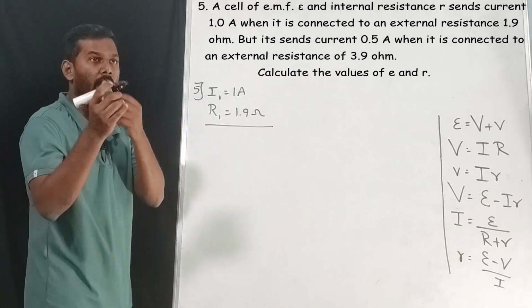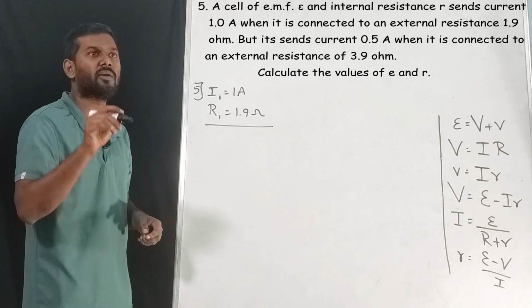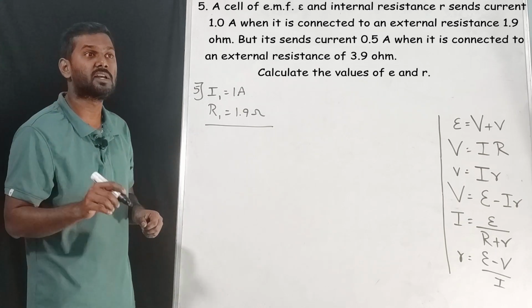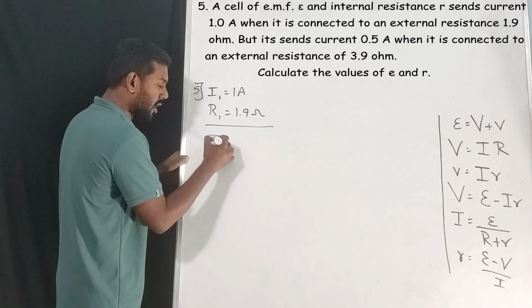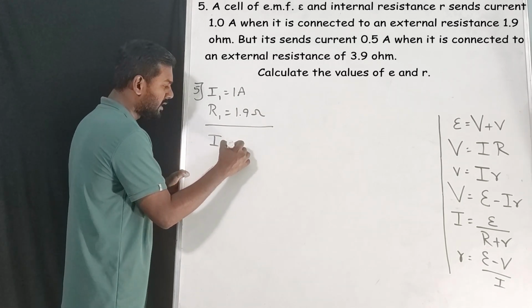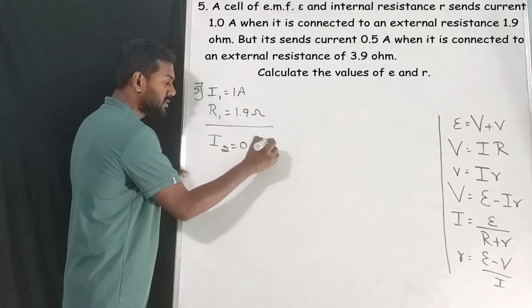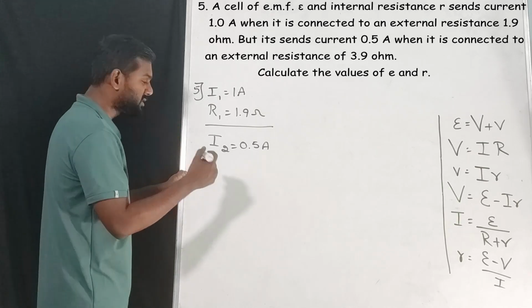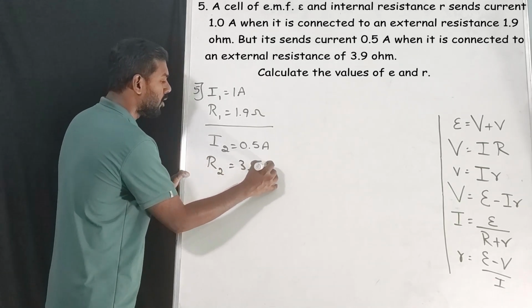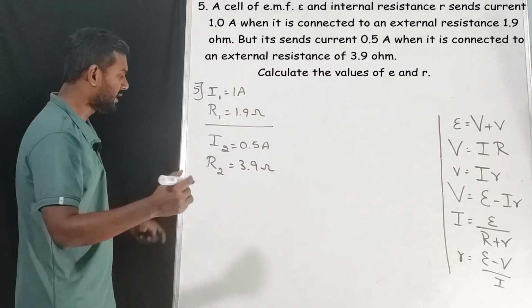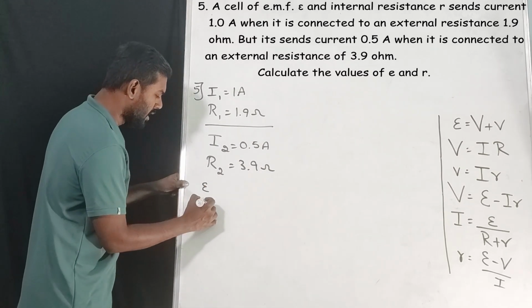But it sends a current of 0.5 amperes when it is connected to an external resistance of 3.9 ohms. Then calculate E and r.